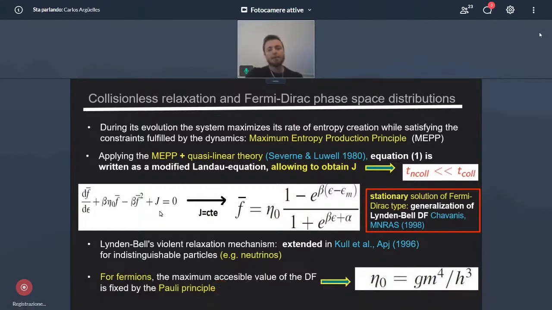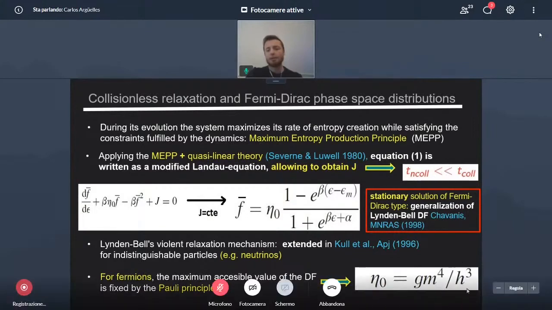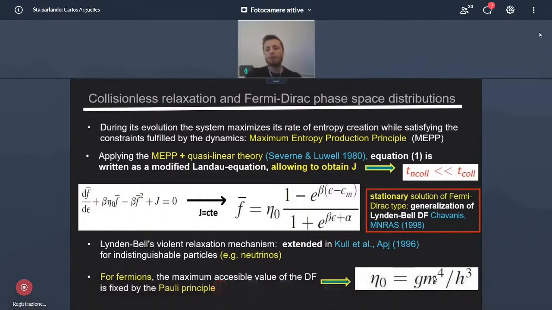And in that case, the maximum accessible value of the distribution function is given by the quantum h cubed, the Pauli principle. You cannot have more than one access state in a microcell. And this maximum value from the Pauli principle differs from the one originally provided by Lynden-Bell, because in Lynden-Bell this maximum or effective exclusion principle was given by the incompressibility of the Vlasov-Poisson equation, the f0, right?